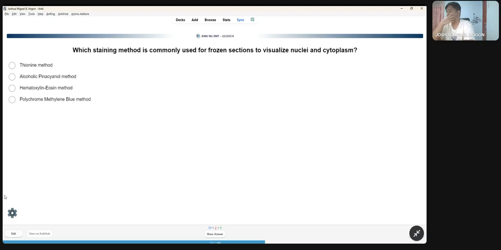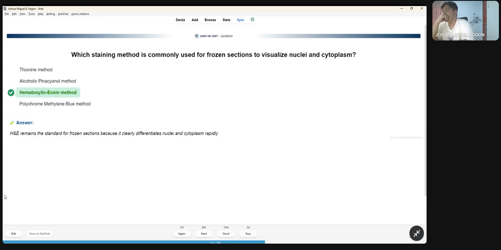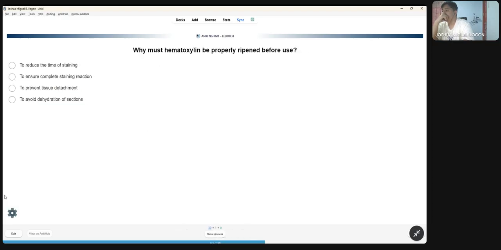Sorry about that. That's your Italy. Eosin is 5 minutes. What's the first step in staining of frozen sections for diagnosis?